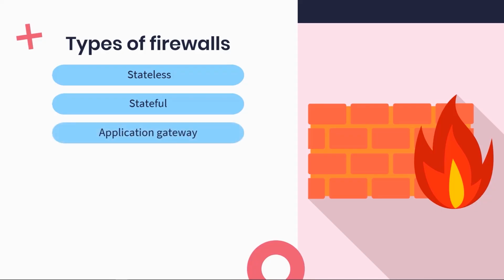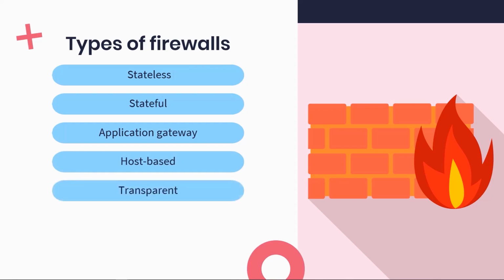Application gateway firewalls, also referred to as proxy firewalls, that filter information at layer 3, network, 4, transport, 5, session, and 7, application in the OSI model. A host-based firewall is a computer or server with firewall software running on it. Transparent firewall filters IP traffic between two bridged interfaces.